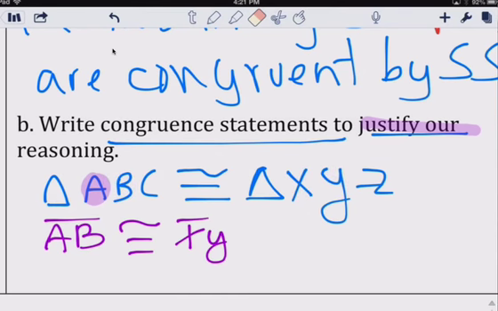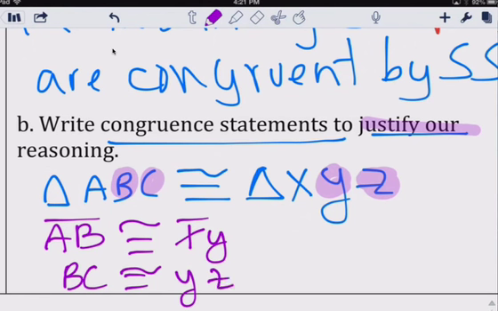And then BC is congruent to YZ. And then line segment AC is congruent to XZ. Double check.